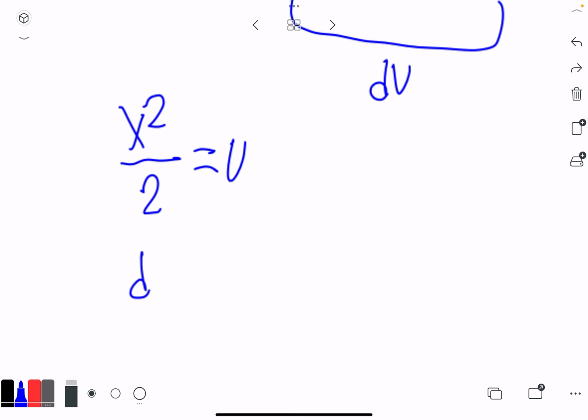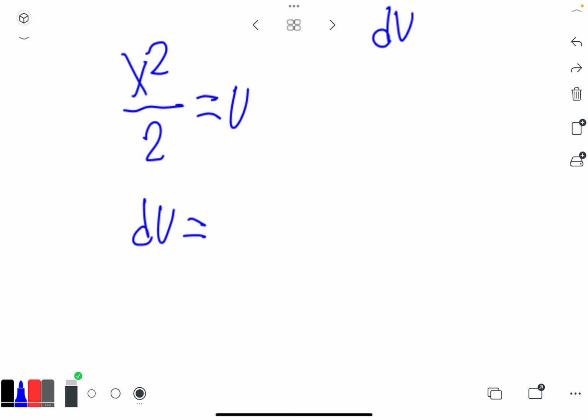What is du then? It's the derivative of x squared over 2, right? But what do we differentiate with respect to? That's a good question. The answer is you can differentiate it with respect to anything, but in this case, it's just trivial to differentiate with respect to x. So I will just differentiate it with respect to x. du over dx is equal to, what is it?